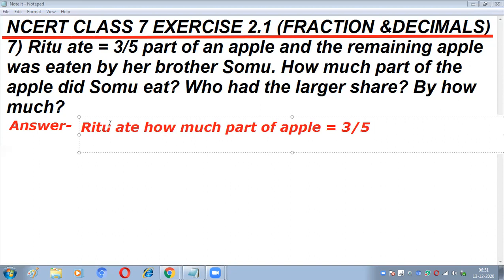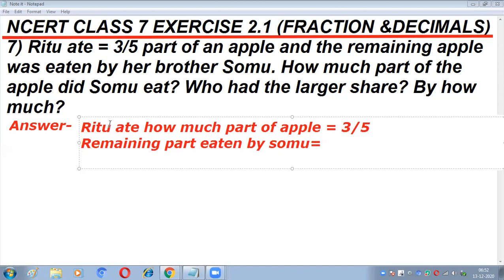So here we will find the remaining part eaten by Somu. That is, here we will calculate.